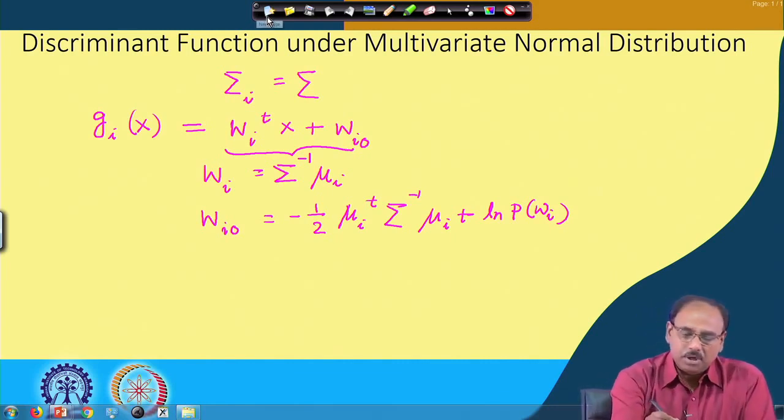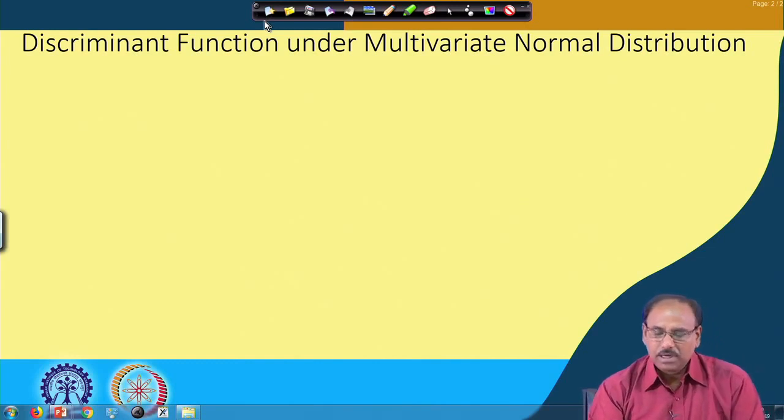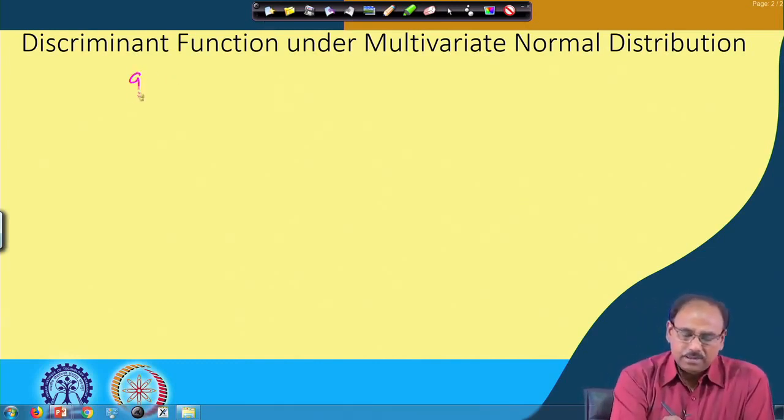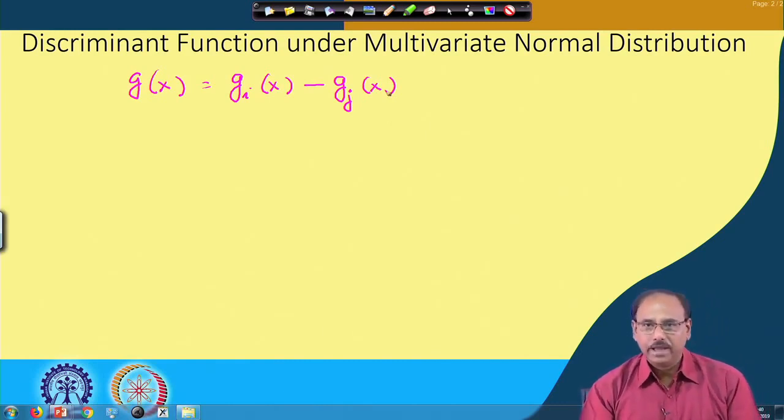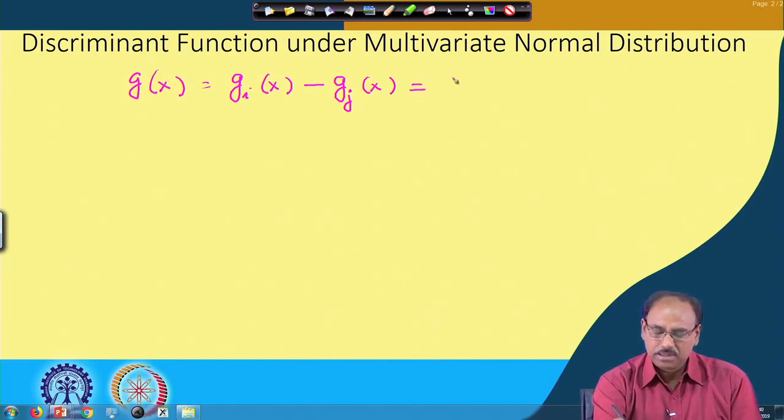What will be the decision boundary? The decision boundary will again be given by g(x) equal to g_i(x) minus g_j(x), and because on the boundary g_i(x) and g_j(x) are equal, I will have g_i(x) minus g_j(x) equal to 0.